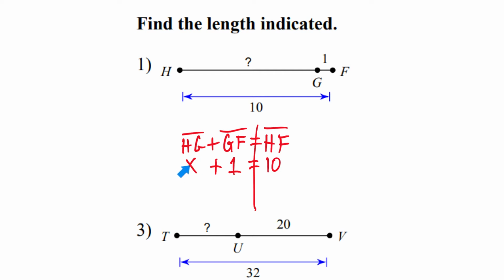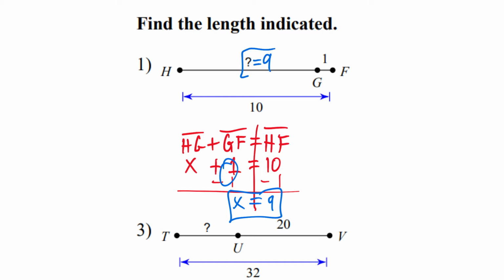I get X by itself, right? So subtract 1 on both sides. What is 1 minus 1? 0. So that equals X, and 10 minus 1 is 9. So HG equals 9.